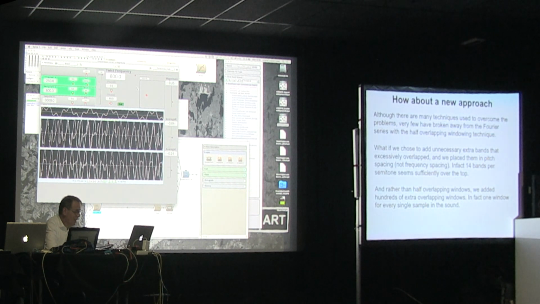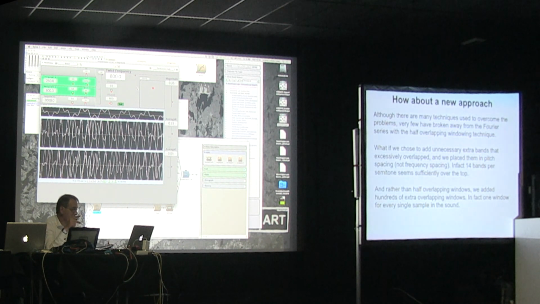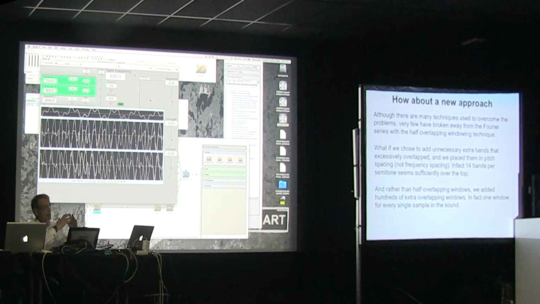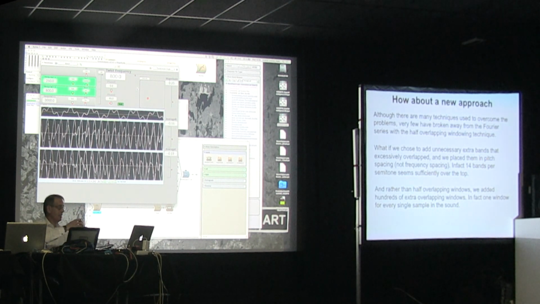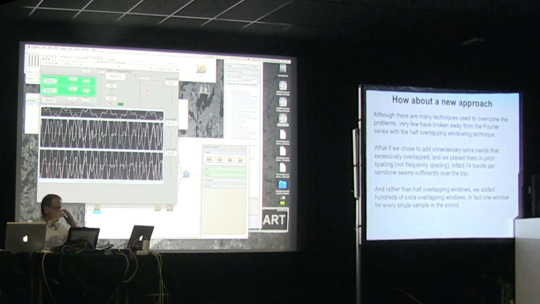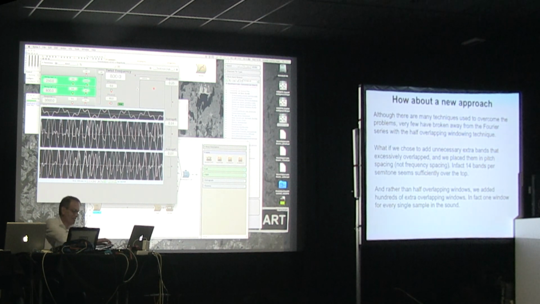In fact, whereas before we saw 1 band per octave, I'm going to have 14 bands per semitone. That's quite sufficiently over the top. And then let's say, rather than the windows overlapping, we had the windows overlapped ridiculous amounts. Every single sample had its own window, right? Huge amounts.